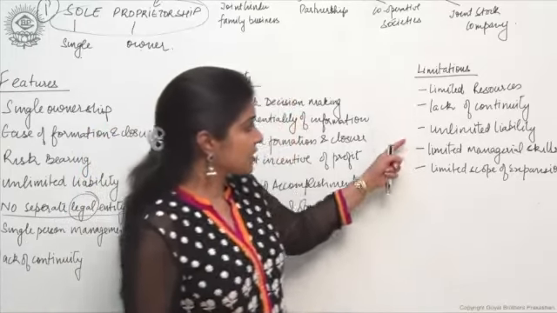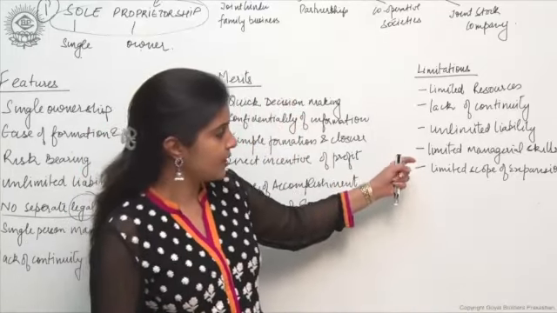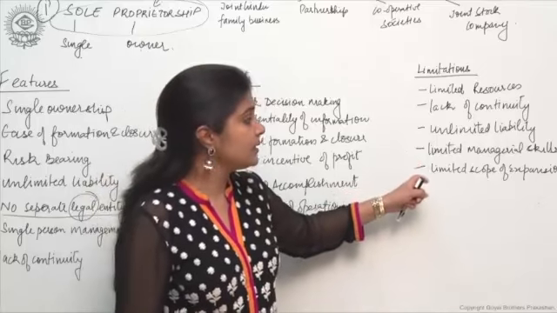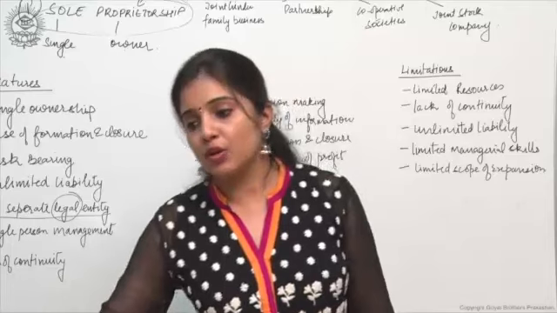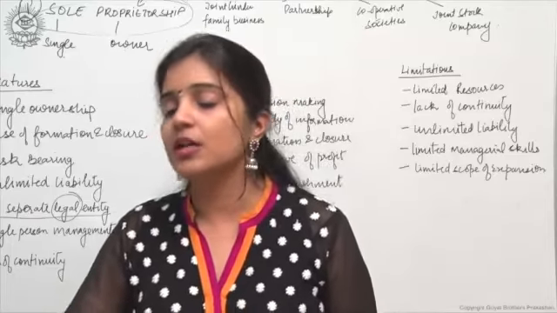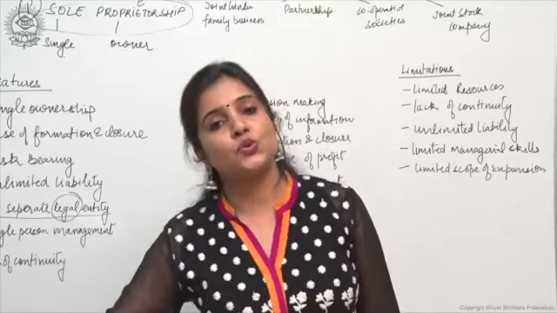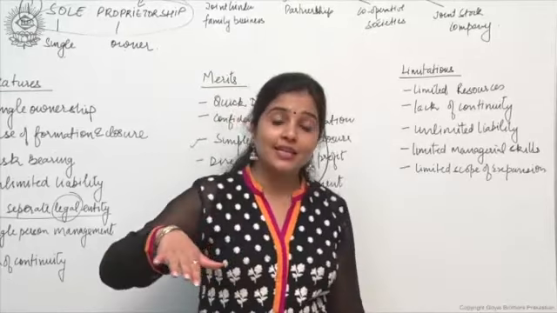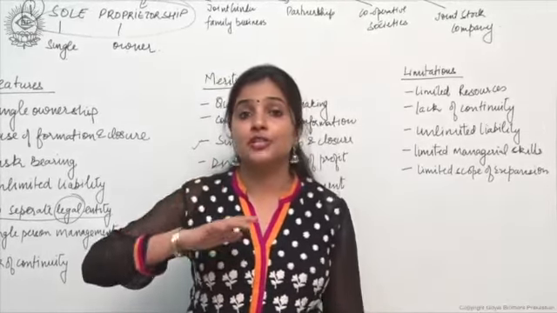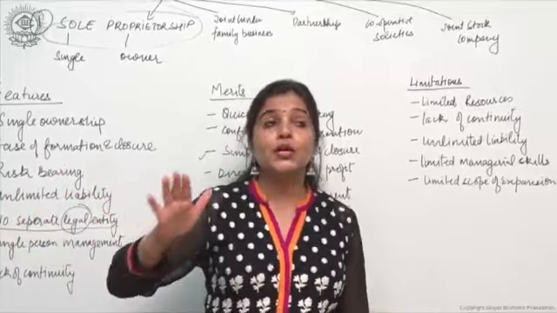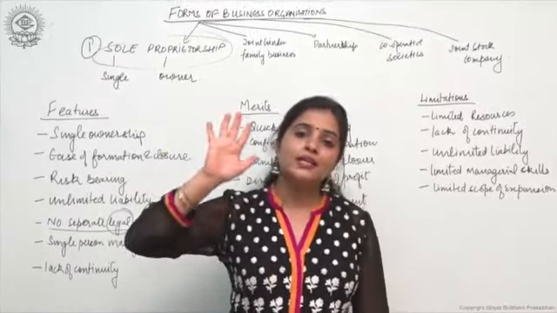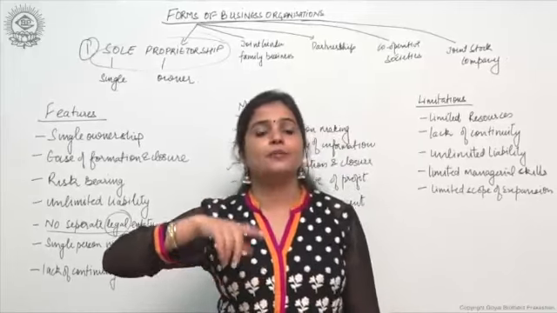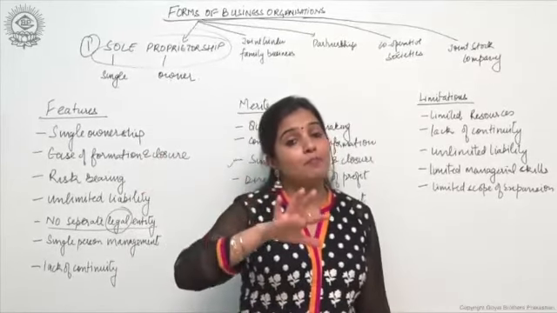Lack of continuity I have explained, unlimited liability I have explained, limited managerial skills I have explained, limited scope of expansion. Because he has limited financial resources, the scope of expansion is also limited. And secondly, if the organization expands, like I told you, if he grows from 1 store to 5 stores in about 5 years, then at one point of time it will get very difficult for him to manage things.